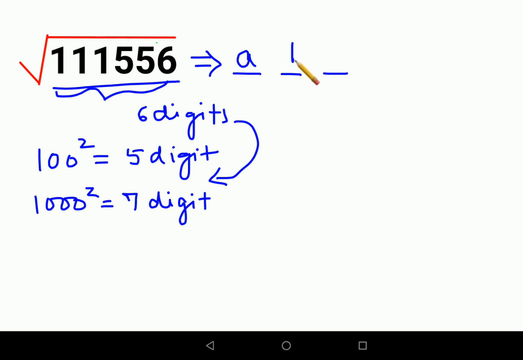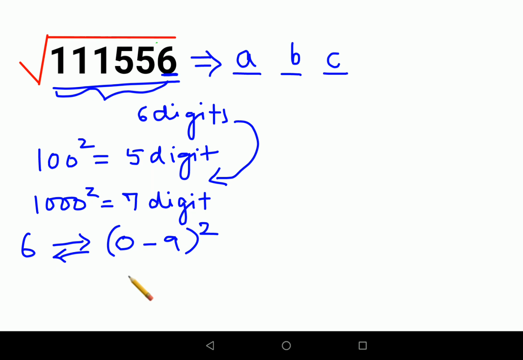Let's call the digits A, B and C. First, let's try to understand what the value of C will be. For C, we just need to focus on the last digit, which is 6. So we need to check from 0 to 9 which number's square gives a last digit of 6.